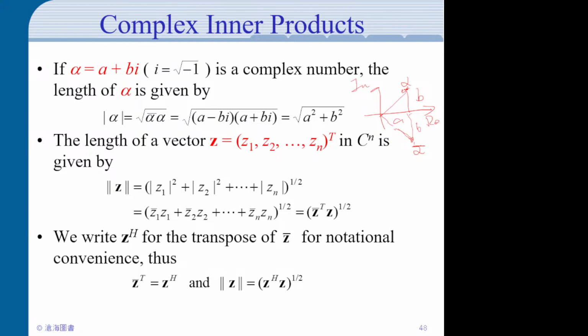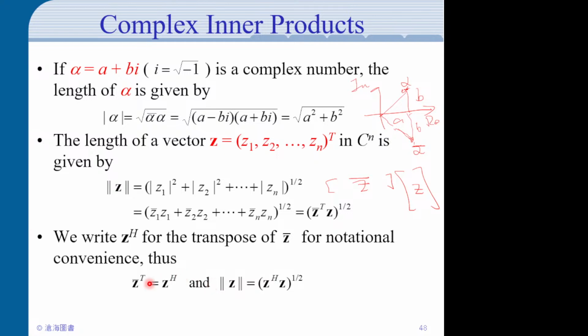So it's like this z bar transpose vector times this z vector, and we have this extra bar here because we have the bar here: z1 bar, z2 bar, and zn bar. So this is not z transpose times z anymore. This is z bar transpose times z. So it's different.